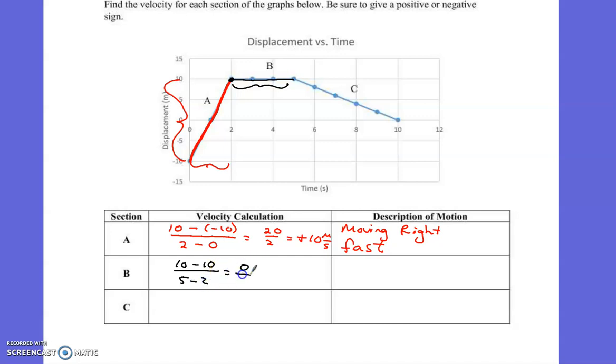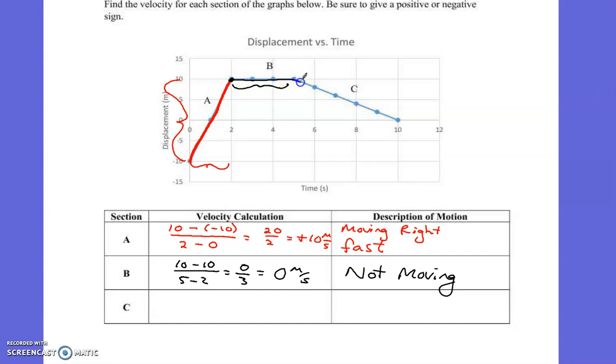So it didn't go up at all, and it went over 3. So our answer is 0 meters per second. Notice that the line is flat. So just like that ball description, if I were to put a ball on this line, it wouldn't roll at all. It would not be moving. So the description here is that when the line is flat, the object is not moving. It has a 0 slope and therefore a 0 velocity.